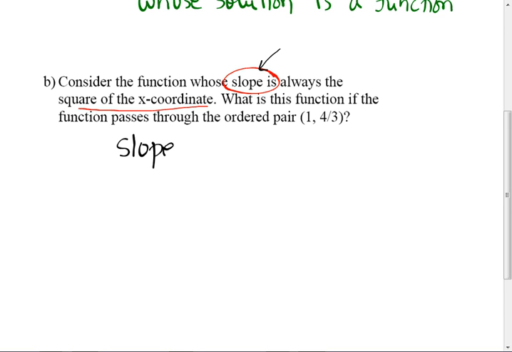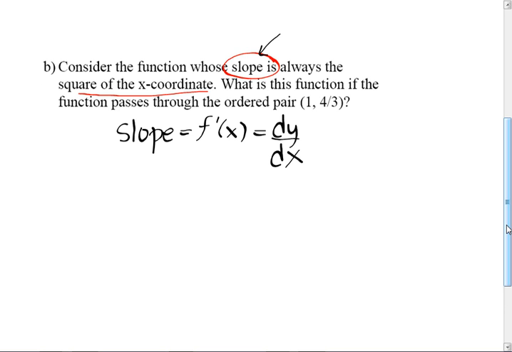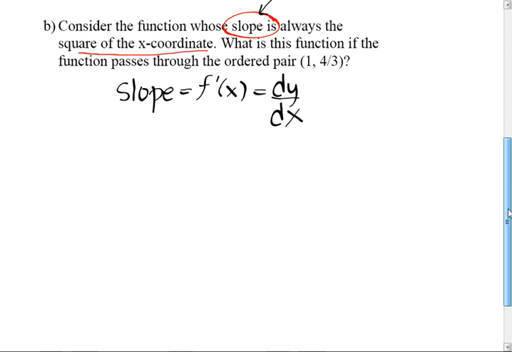You're in calculus class. What's slope? F prime of x. What's that other name for it? dy/dx, right? Okay, remember, a differential equation involves derivatives. So I'm going to use dy/dx, and we're going to get all the steps here. I'm going to write them out for you. So dy/dx is equal to, and it says the square of the x-coordinate. So what's this equal to?